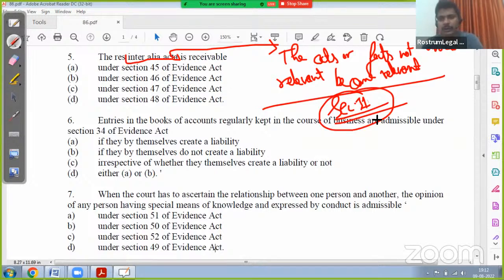So facts which are not otherwise relevant become relevant if they are directly questioning or supporting the statement of the accused or victim. ठीक है, वॉट एवर एविडेंस दे आर प्रोड्यूसिंग.